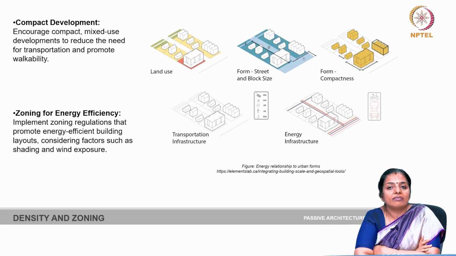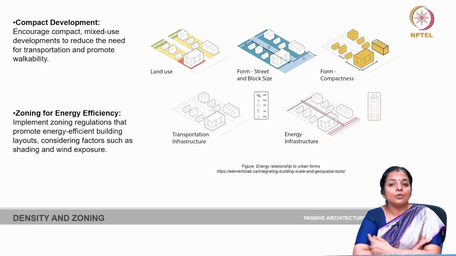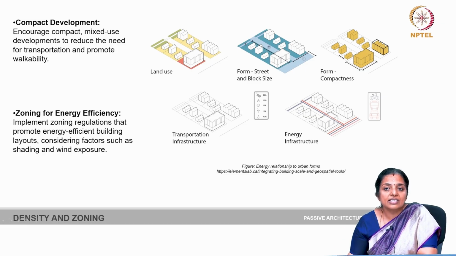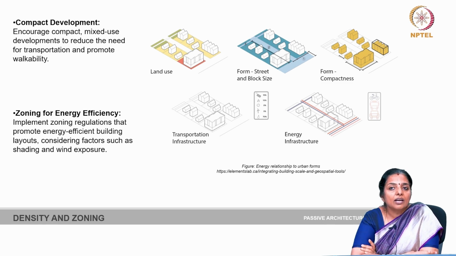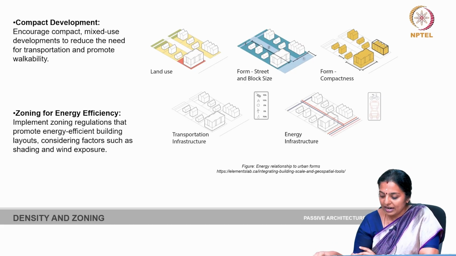You also must have energy efficient infrastructure with guidelines to promote the use of this infrastructure, such as smart street lighting, green roofs and energy efficient building materials. Compact development must be encouraged to reduce the need for transportation and promote walkability. Zoning for energy efficiency must be implemented such that it promotes energy efficient building layouts, considering factors such as shading and wind exposure.